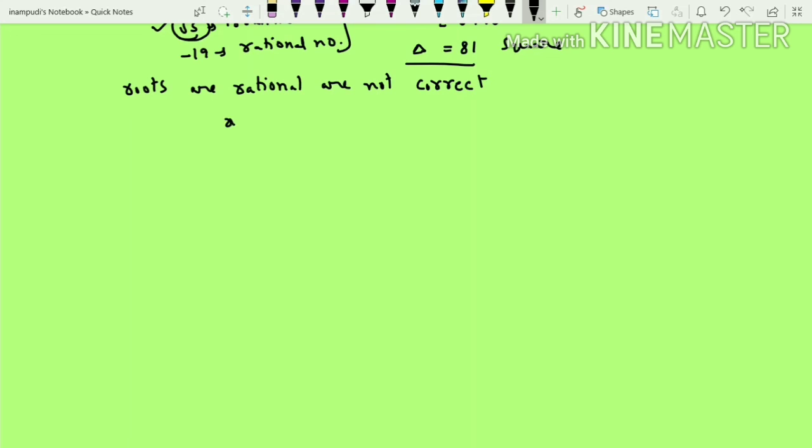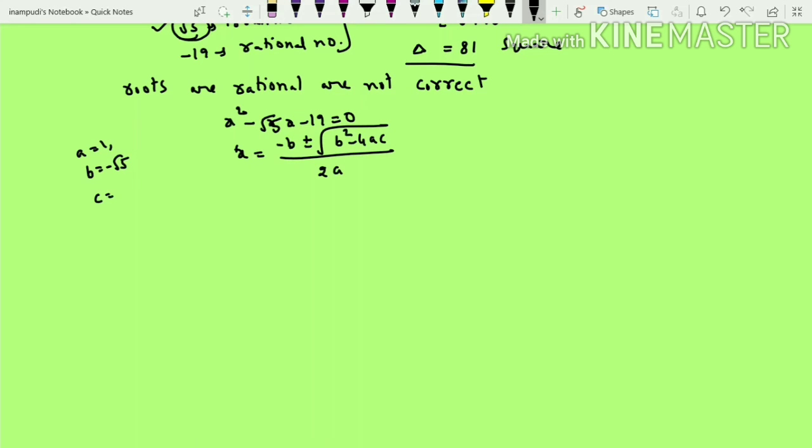If we determine the roots of the equation x square minus root 5x minus 19 equal to 0, x equal to minus b plus or minus square root of b square minus 4ac by 2a. Here a equal to 1, b equal to minus root 5, c equal to minus 19.